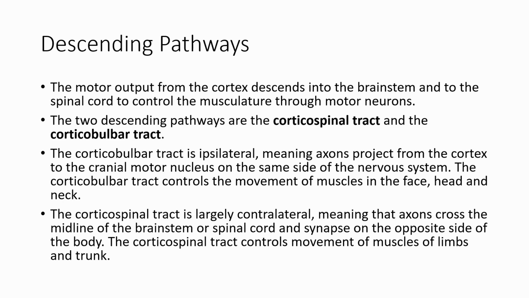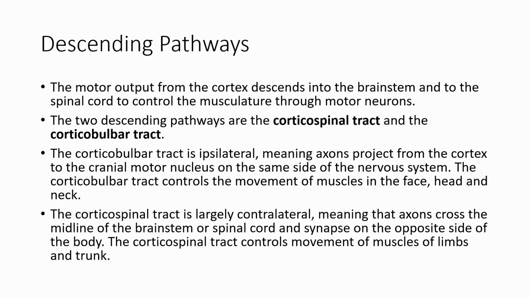And we saw that same ipsilateral wiring in the previous video when we were talking about bringing sensory information in, with the exception of the eyes, of visual information. But the muscles of the face, head, and neck are all going to be controlled by the same side of the brain. The corticospinal tract is contralateral, meaning we're going to cross the midline.